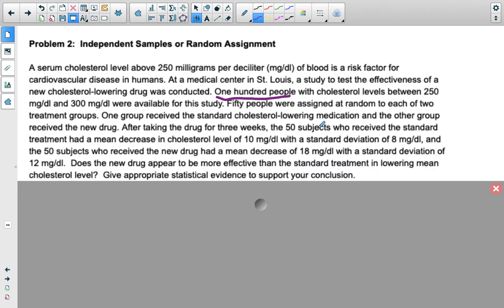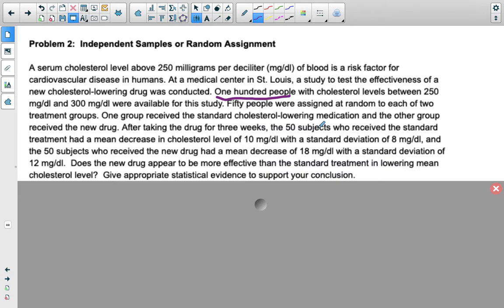So that is what we're trying to compare: what would the effects be? How would they be different if a population took the standard cholesterol drug versus the new drug for reducing cholesterol?